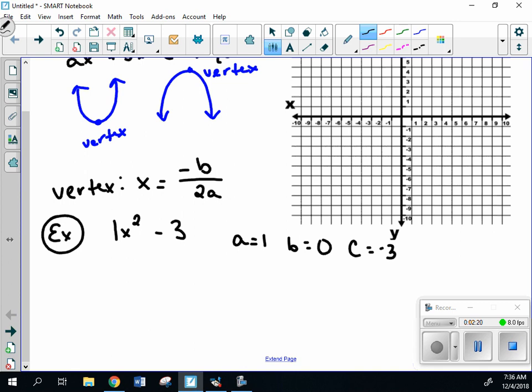So from here, I'm going to go ahead and find the x-coordinate of the vertex. I have negative 0 over 2 times 1, therefore it is 0. In order to find the y-coordinate of that vertex, you're going to plug that into the situation.